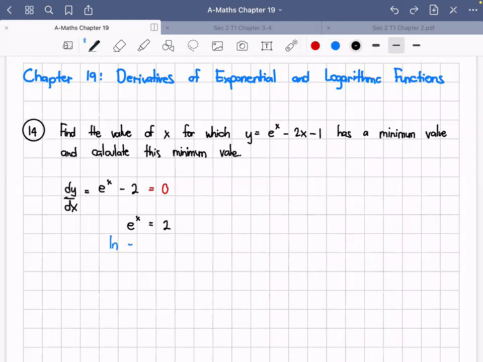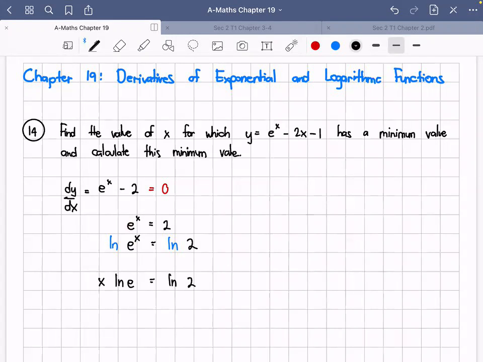So it becomes ln of e raised to x equals ln of 2, okay? So by the law of logarithms, this x here will become a coefficient, right? So it becomes x times ln of e equals ln of 2.